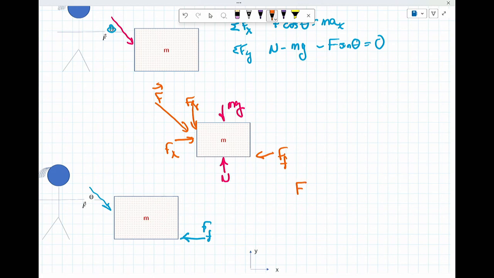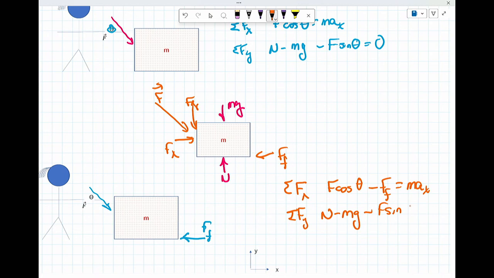So it becomes sum of forces in x, F cos theta minus F sub F equals mass times acceleration x. And sum of forces in y, N minus mg minus F sine theta equals 0.